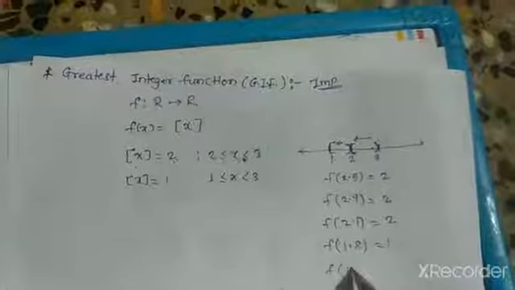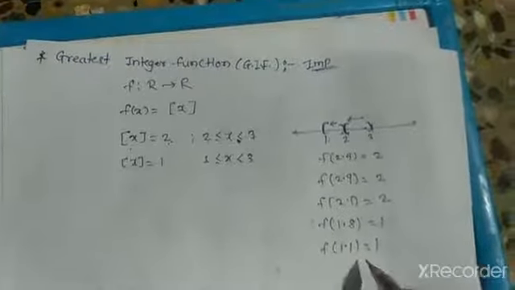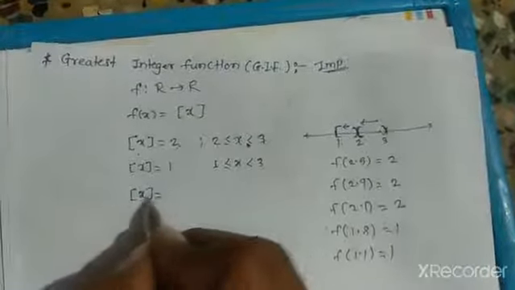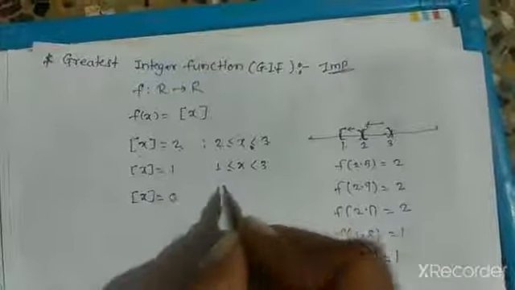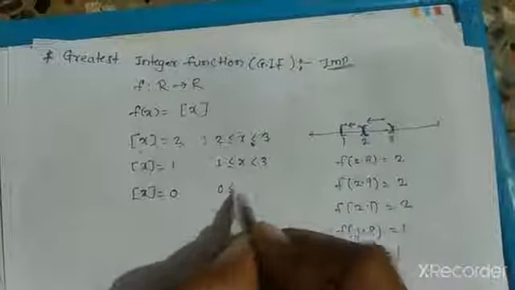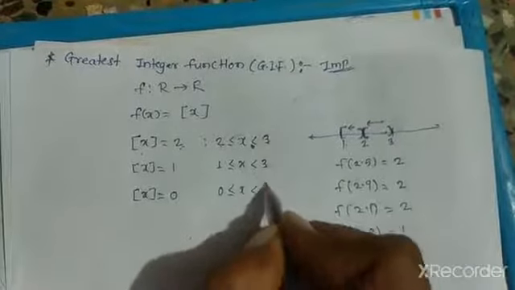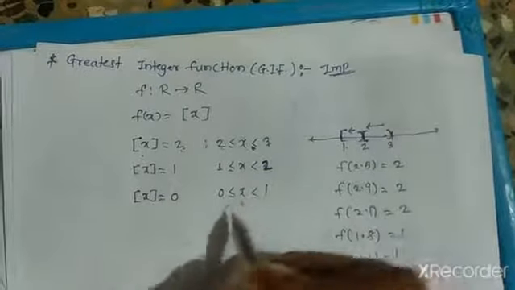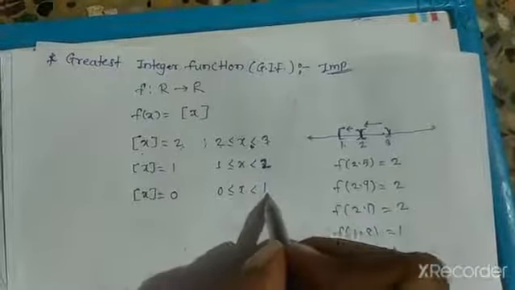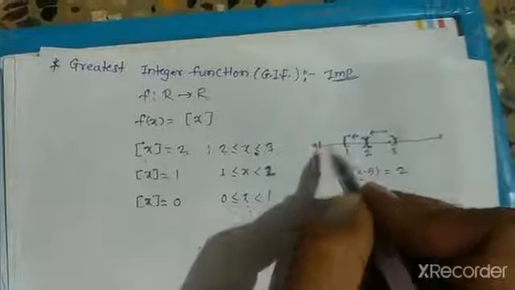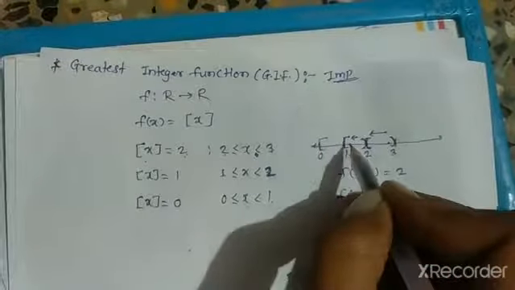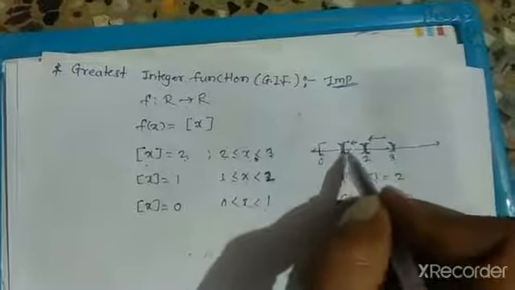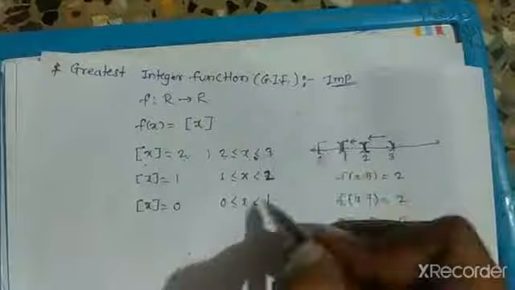Here for 1.1, its greatest integer function is 1. Okay, for x is equal to 0, the greatest integer is 0, so it will lie in the interval 0 less than or equal to x less than 1. Here I wrote it wrongly earlier. Here the interval starts from 0 and ends at 1. For any value between 0 and 1, it will be 0.